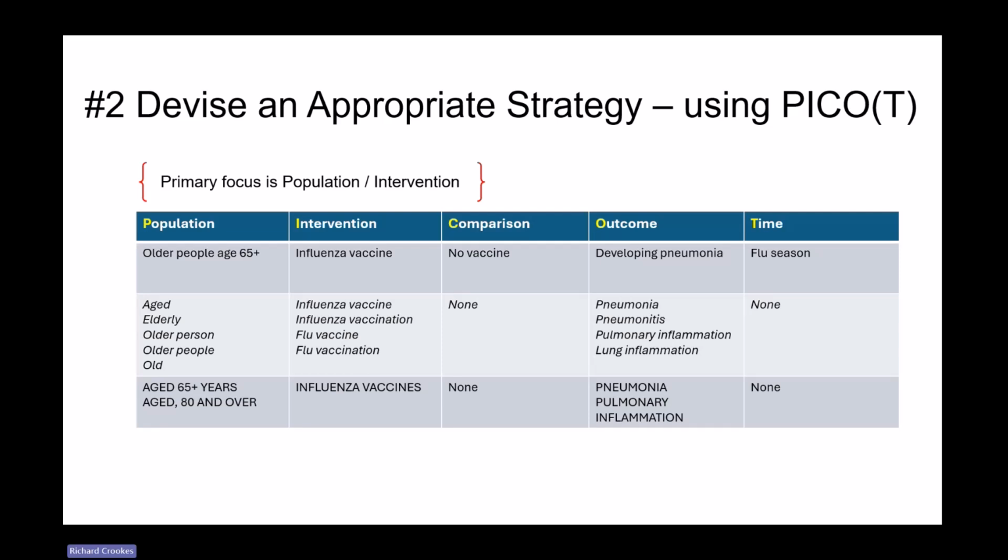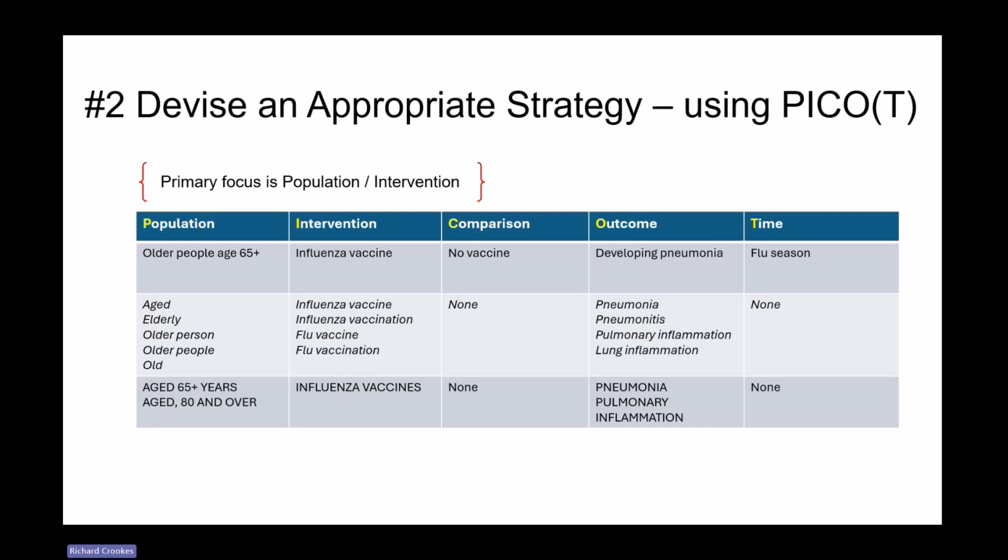Now, below that, as you might guess, we've got the lowercase terms, which are the keyword search terms, the free text that we would search for. So we've got aged, elderly, older person, older people for those aged 65 and over. We've also got influenza vaccine, of course, but that could also be rendered flu vaccine or flu vaccination.